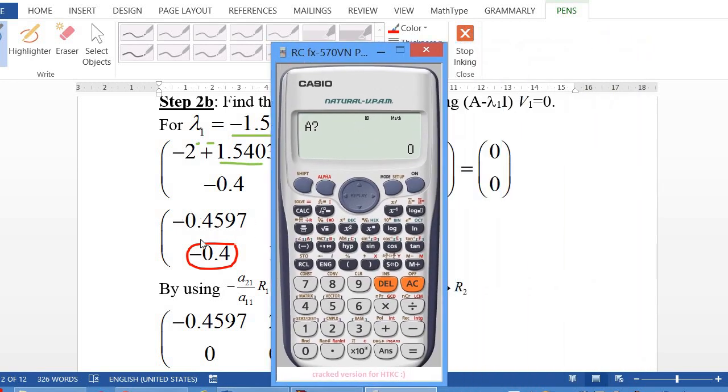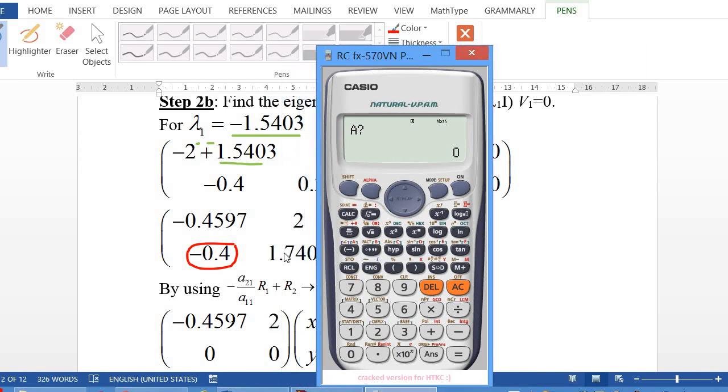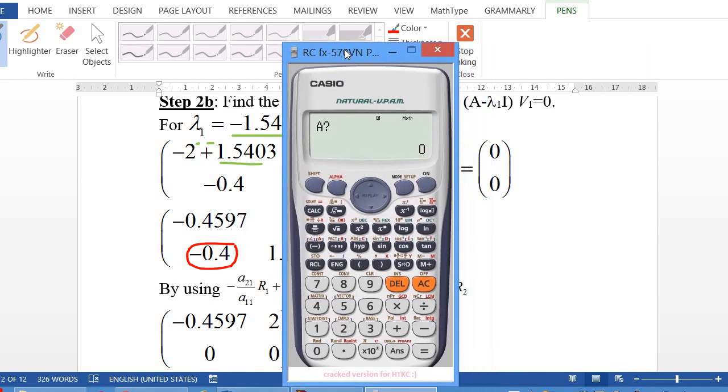Remember, A is just now represented by row 1, and B is row 2. So in the first column, A is the value for row 1, negative 0.4597. B is the value for row 2, negative 0.4.